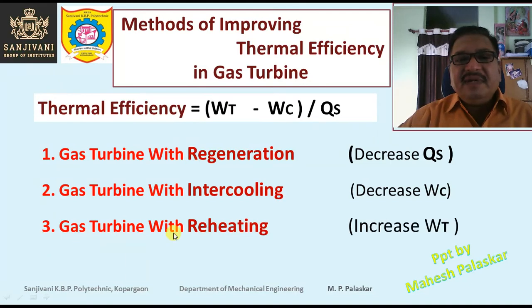Now with the help of reheating, also we can improve the thermal efficiency. If we reheat the working substance, then we can obtain the power twice. We can use two turbines, we can use two combustion chambers, two heat exchangers, right?